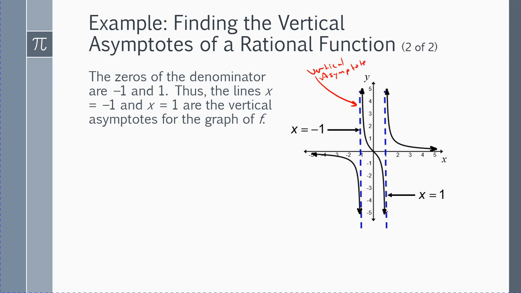And then I'm going to go to x is equal to 1, and that's the second vertical asymptote. Eventually I'll show you how you would sketch the rest of this. That's where we're going: after you find the vertical asymptotes, what happens next.